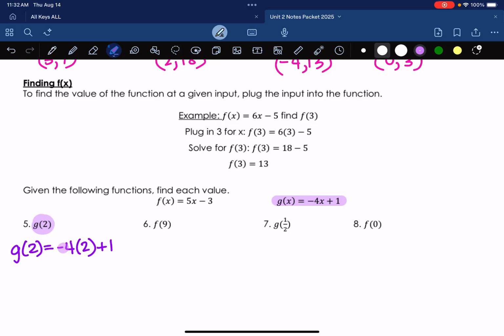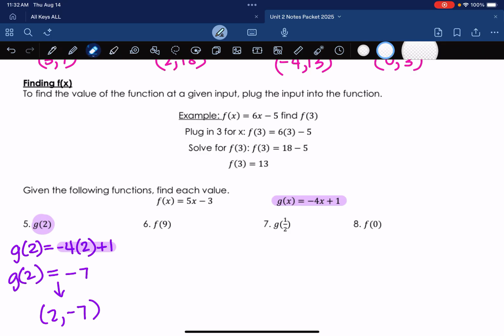I can put this in my calculator, or I can throw it into Desmos, and it should get me 8 plus 1, which is 9. Wait, with the sign, negative 8 plus 1, which is negative 7. So we can write it as g of 2 is equal to negative 7, which we can also write as a point 2 comma negative 7.